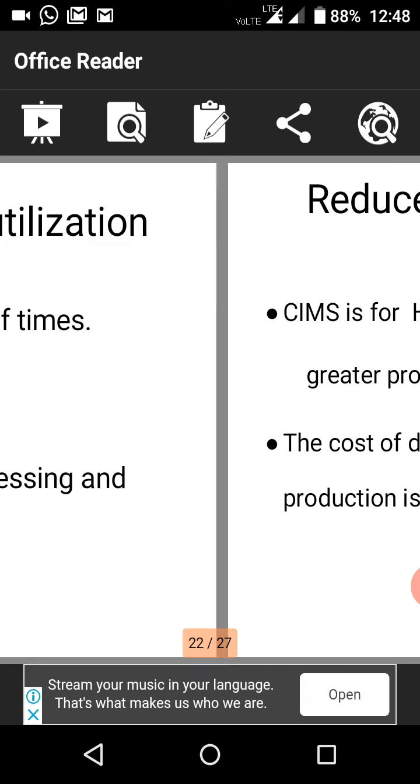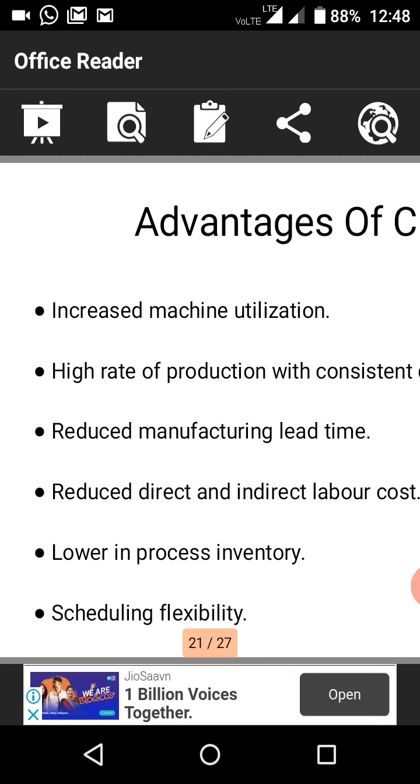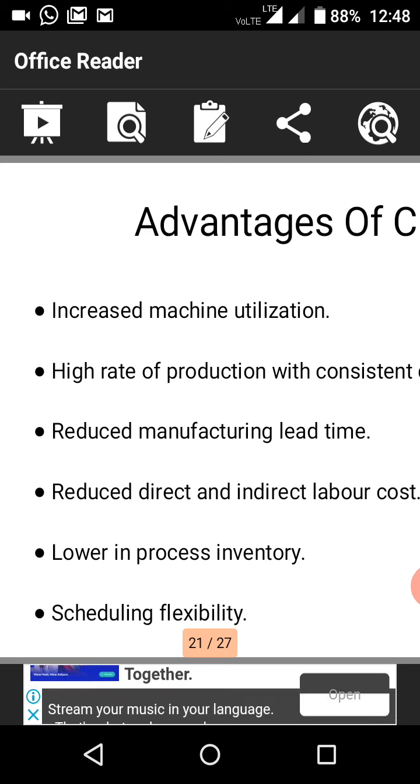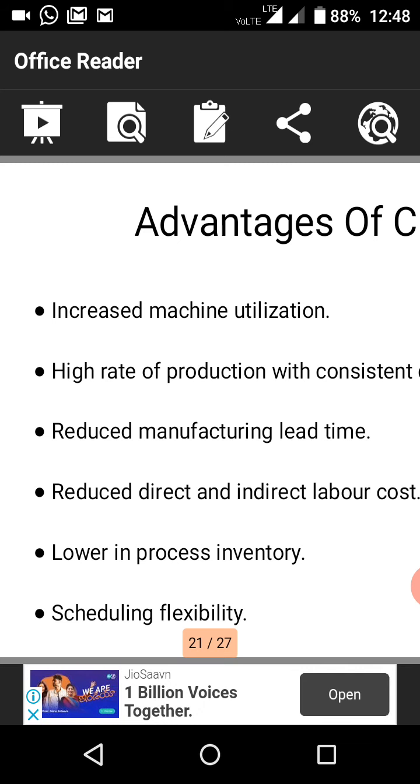Okay, so what are the different advantages? Increased machine utilization, high rate of production, reduced manufacturing lead time, reduced direct and indirect labor cost, lower in-process inventory, and scheduling flexibility. All those are advantages of SIM.